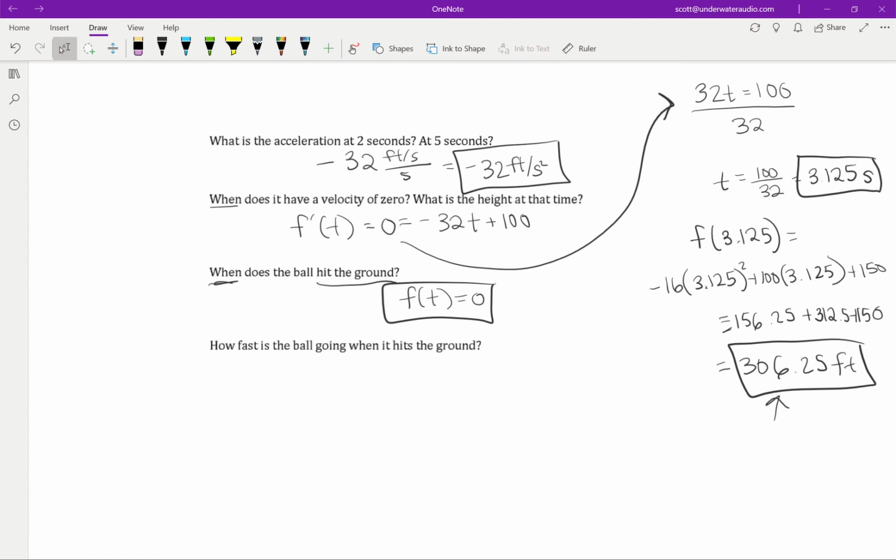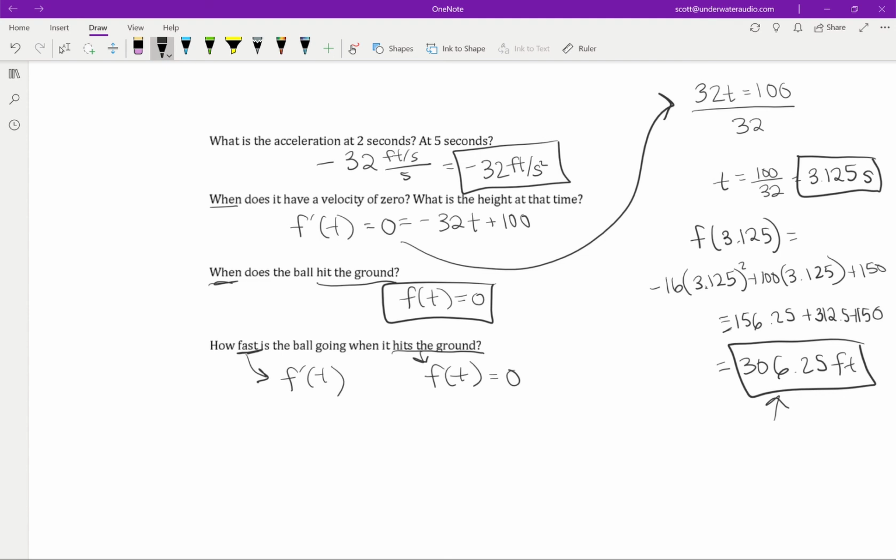For this next one, how fast? Fast is a speed thing, so I'm looking for an f prime of t. How fast is the ball going when it hits the ground? Hits the ground is an f of t equals 0 thing.